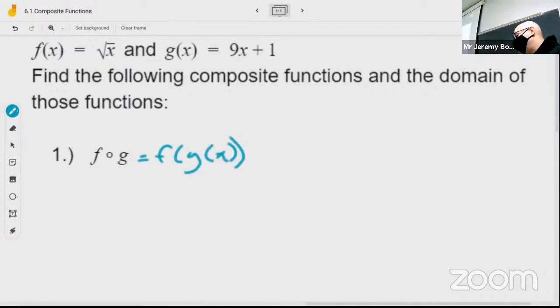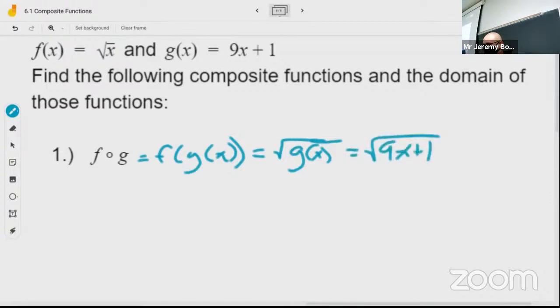So that means everywhere there's an x in f, we're going to substitute in g of x. So this is going to be the square root of g of x. And then now we know what g of x is, so we're going to substitute that in. And so we're going to have the square root of 9x plus 1.